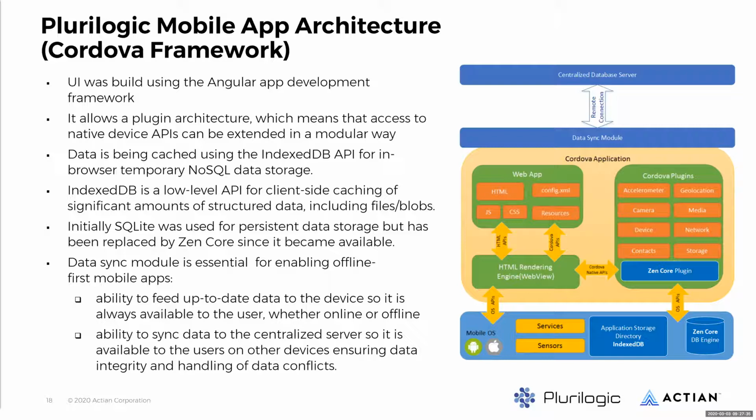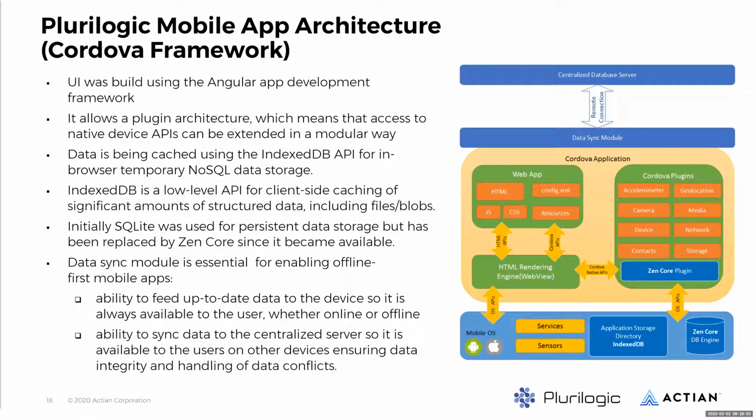So this way, developers can build interfaces to third-party components. In our case, we had to build the XenCore plugin. As you see, that's basically a bridge that allows us to talk to the native level, which is where the database engine, the XenCore engine, resides, and we can make calls to it.